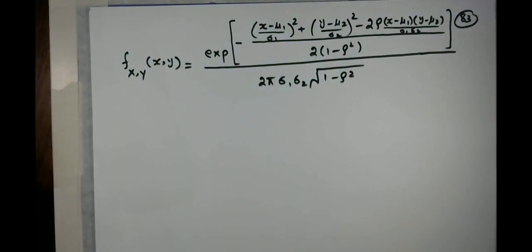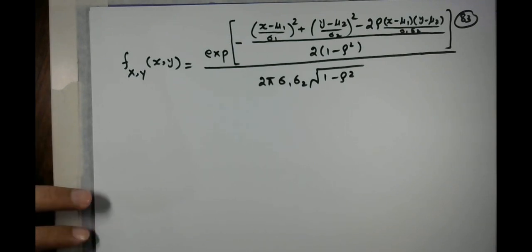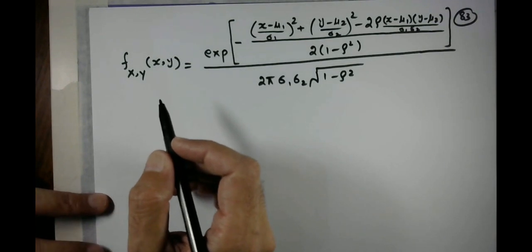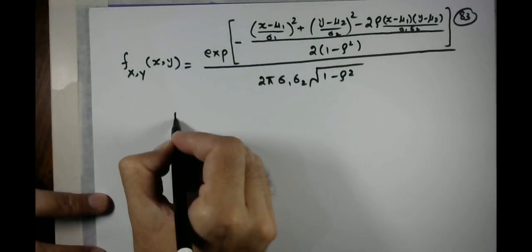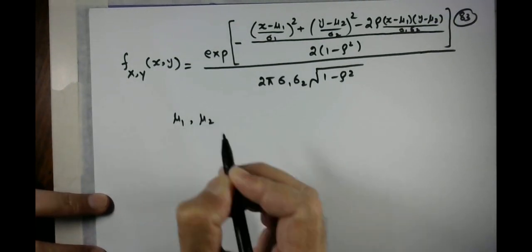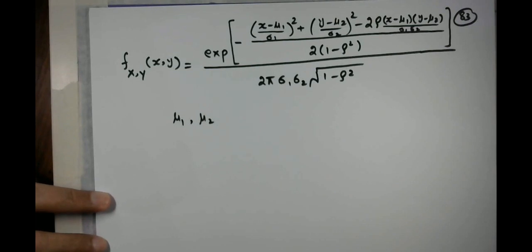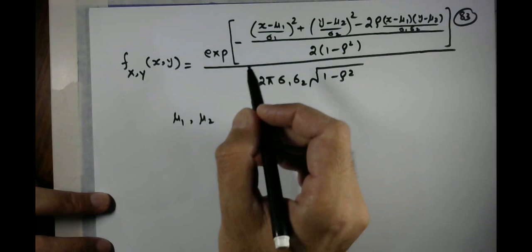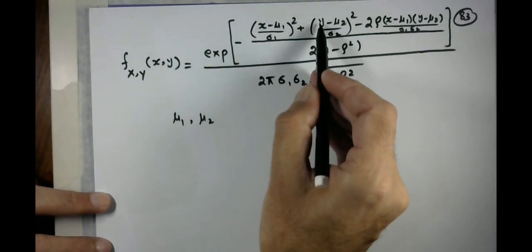As I said, do not get confused with the apparent complexity of this expression. This is simple to comprehend. I'll show you how. But first, the parameters. The parameters are mu 1 and mu 2, which are real numbers, and these are also the mean values of random variable x and random variable y.